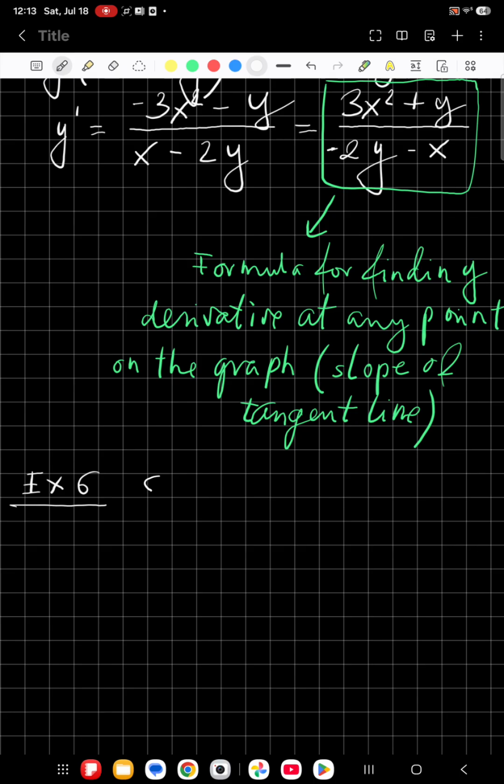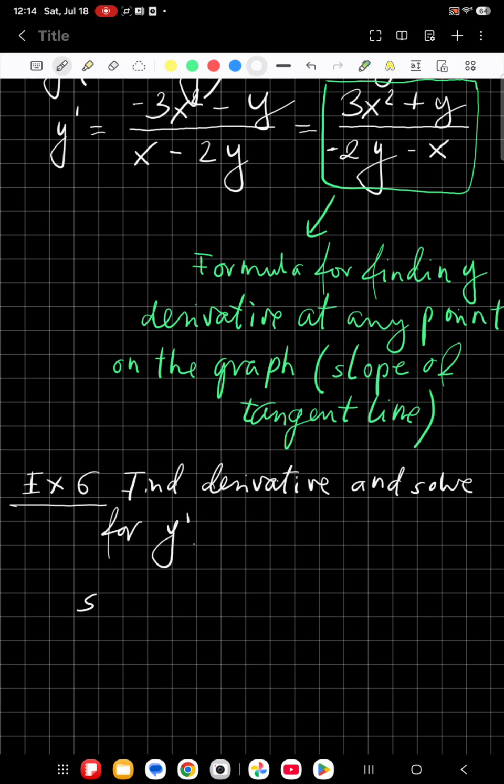So again, find the derivative and solve for y prime. And the equation looks like this.